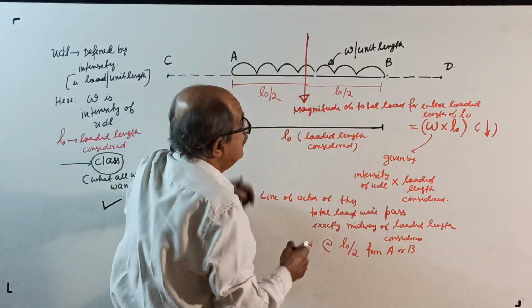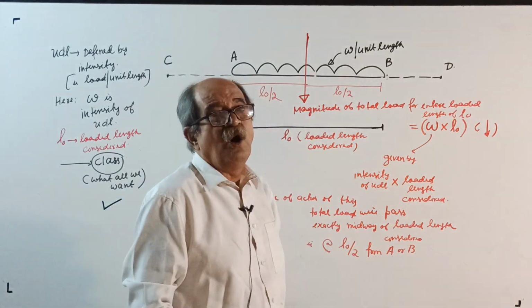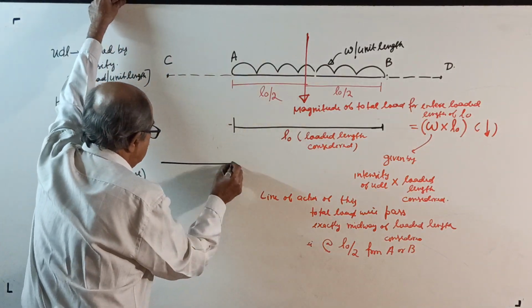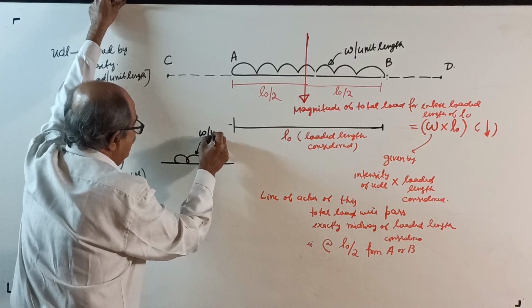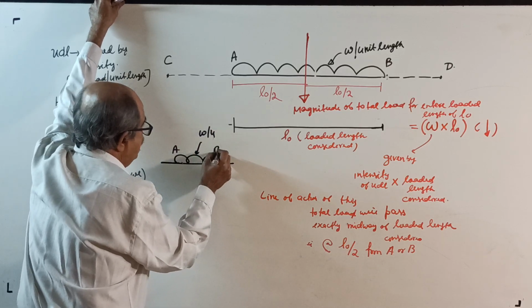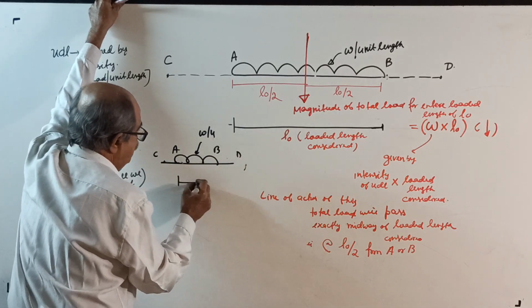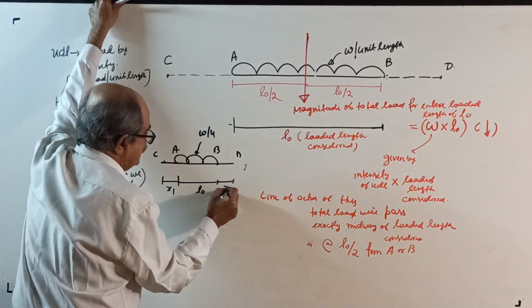Actually remember, you have to draw one more sketch. You should not draw all this in the original sketch. See, originally I wrote a sketch, I wrote this much. W per unit length, I told A, B, C, D. I wrote this as L0, this I wrote X1, this I wrote X2.